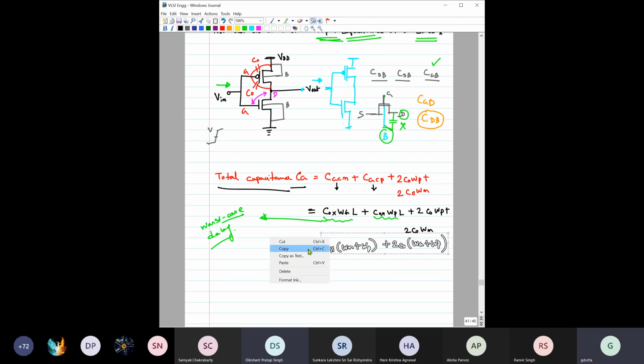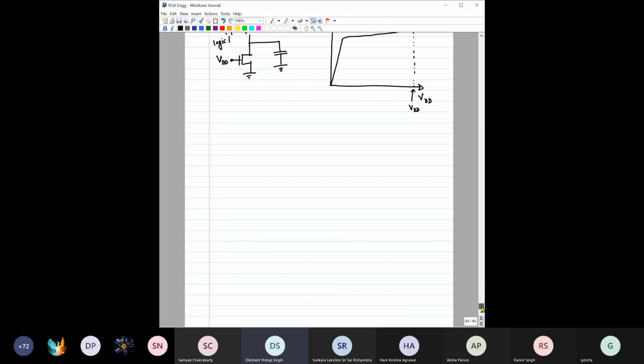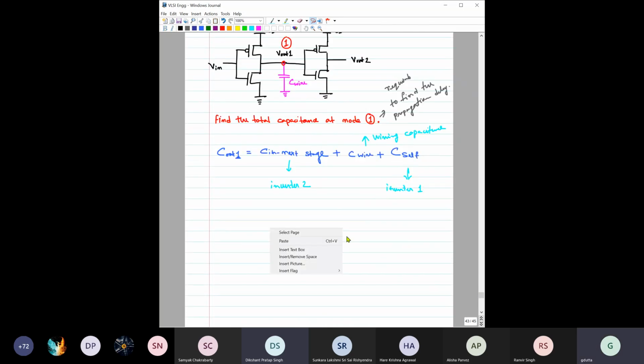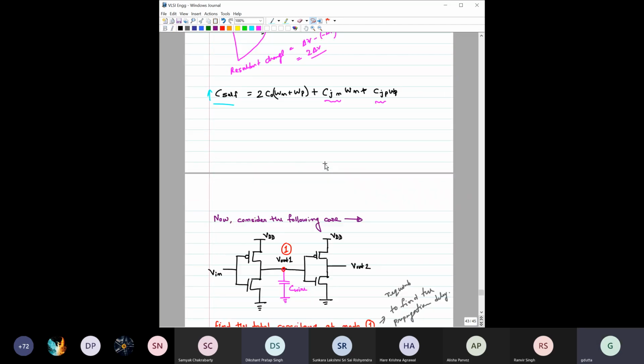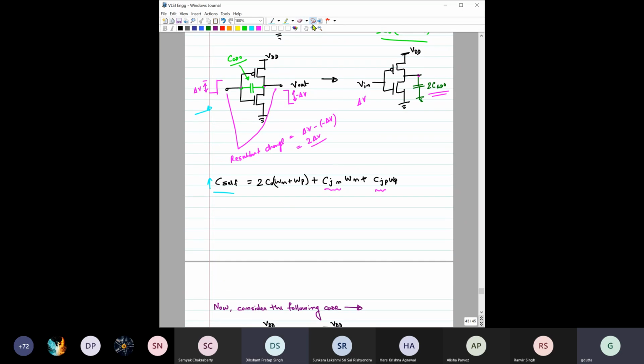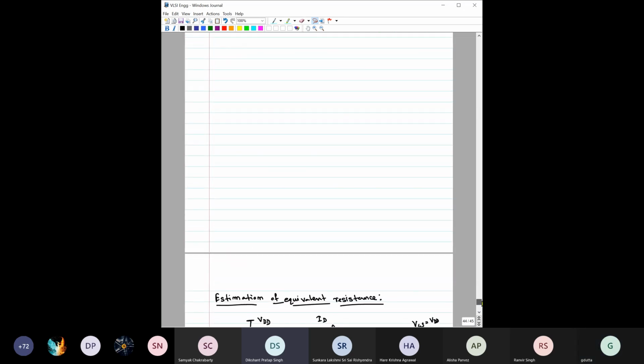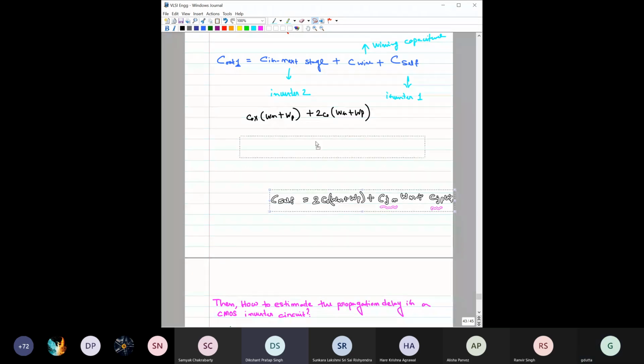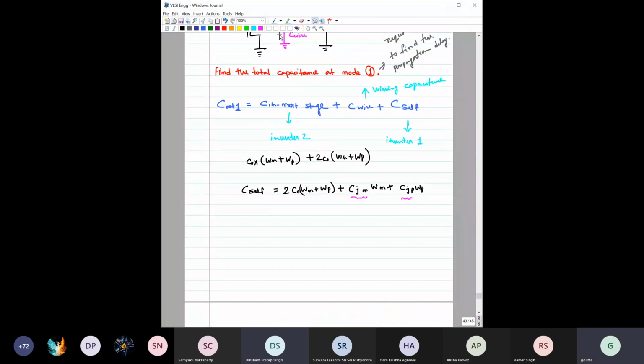Let me copy it. So the total capacitance would be this one, plus C wire, plus C self.